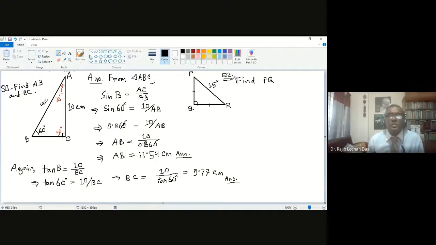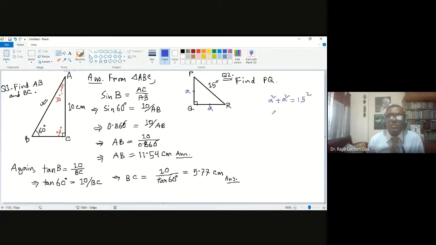Now in question number 2, you can apply many different formulas, many different ways. How? Because two sides are equal. So if two sides are equal, this is A, and this is also A. If you apply the Pythagoras formula, A square plus A square will be 15 square.